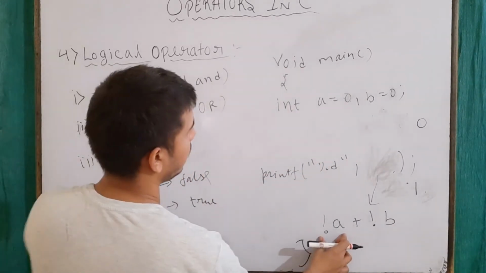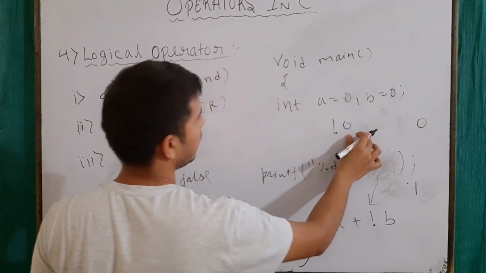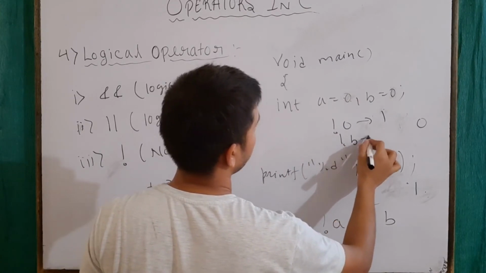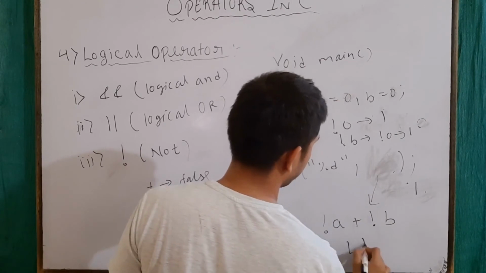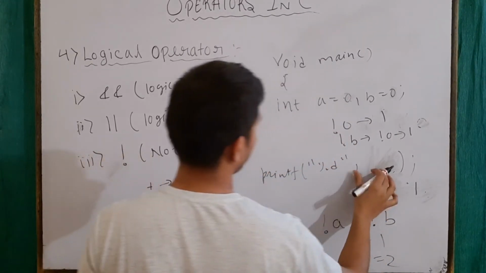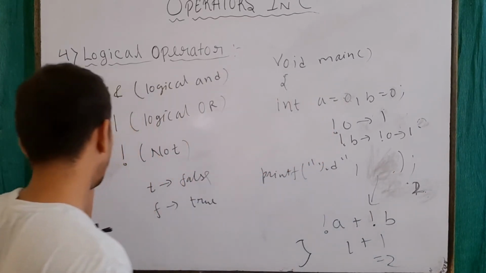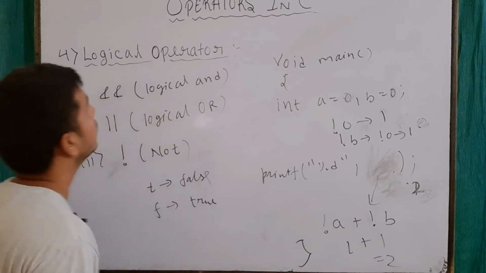NOT of a will give me 0, NOT of 0, NOT of false, will give me 1. NOT of b means NOT of 0, which means 1 again, and 1 plus 1 equals 2. So the final output will be 2. These were some of the logical operators that we use in C programming.